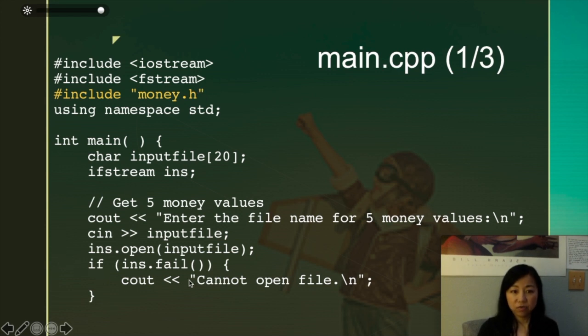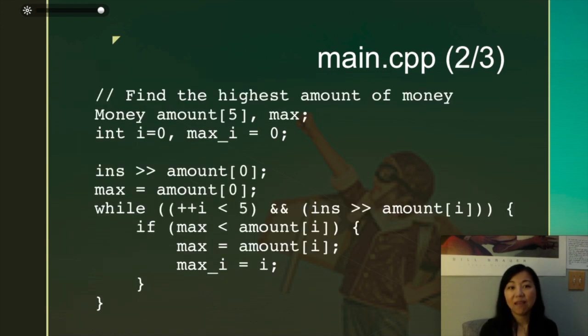And this part is just to open the file, which I think you're very familiar with already. You don't need me to remind you that you need to test if the input stream actually has been opened correctly. So the second part, we declare a money array called amount.